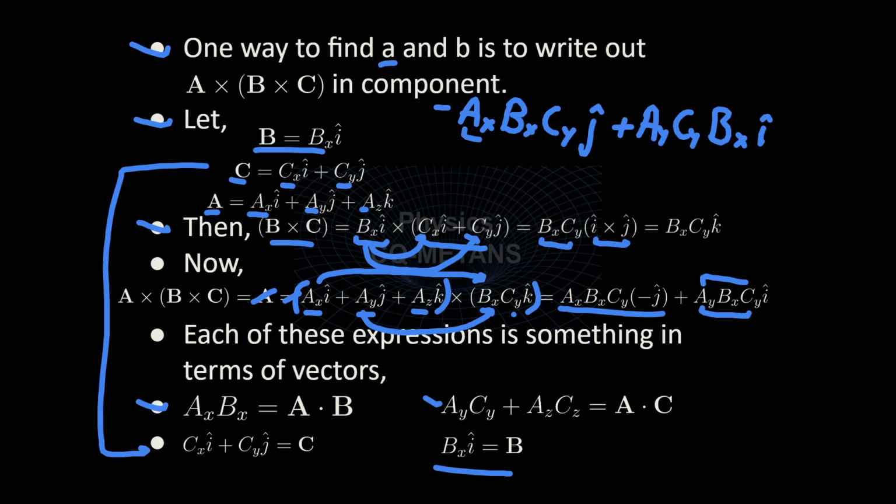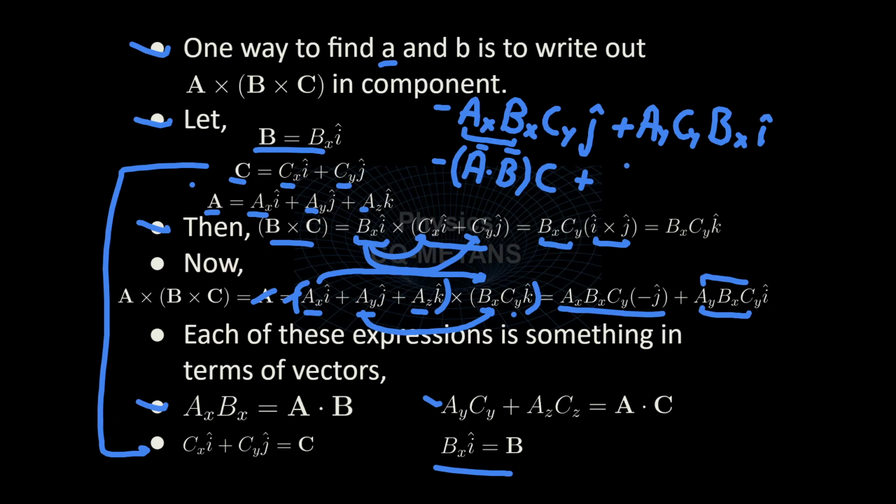Now this Ax Bx, we can write as A dot B. This is a scalar, obviously. Cy j cap is nothing but the vector C, plus, and there is a minus sign, so I bring this minus sign as it is over here.